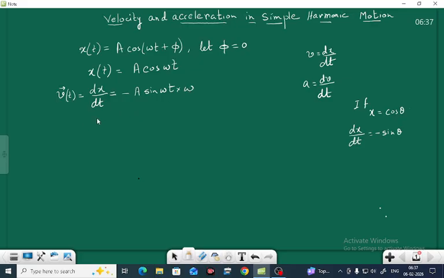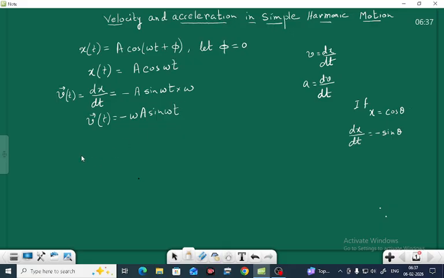Therefore we get the velocity, time dependent, as minus omega A sin omega t. We can find this also in the projection method, but here we are using the differentiation method for finding the velocity and acceleration.